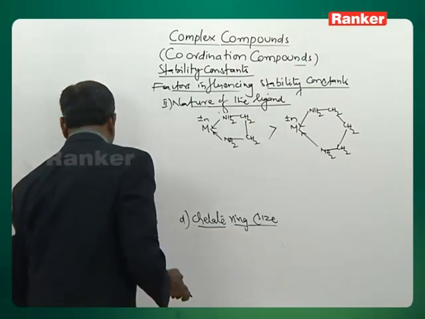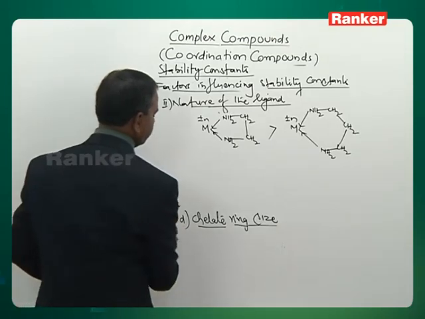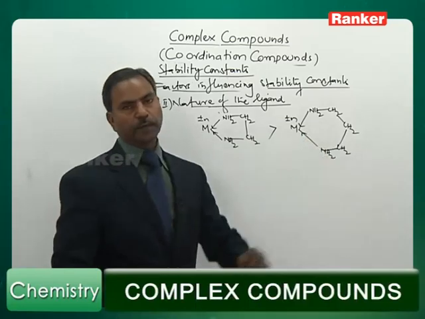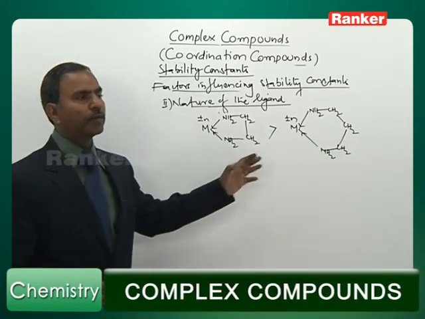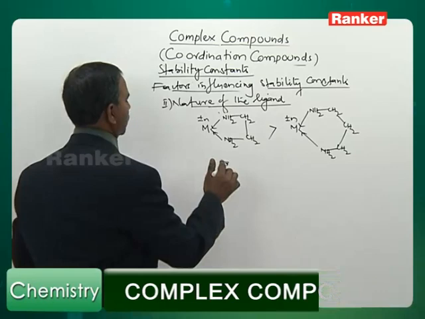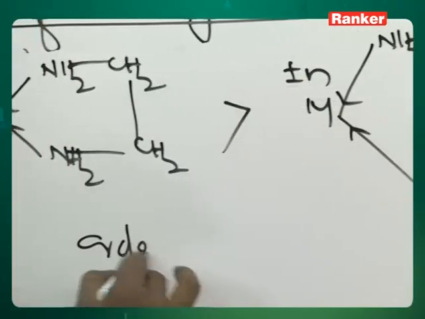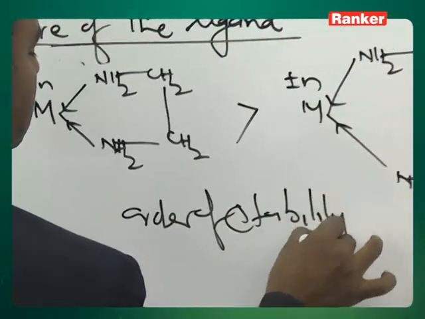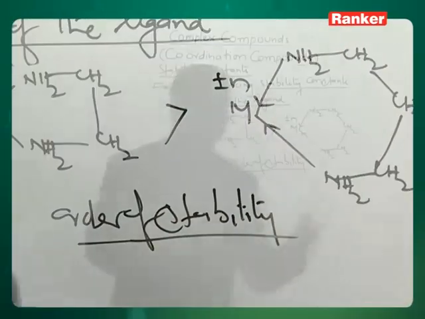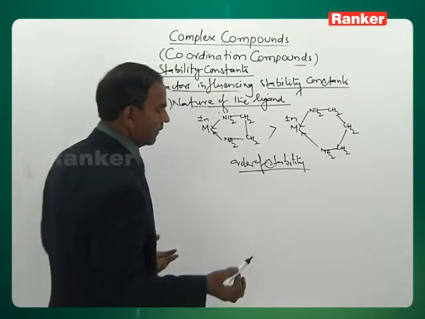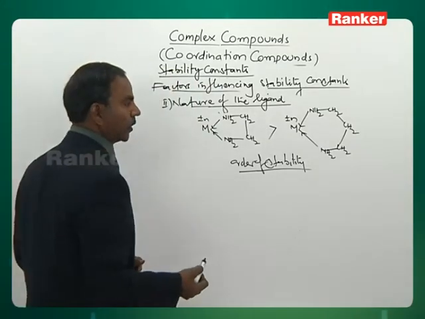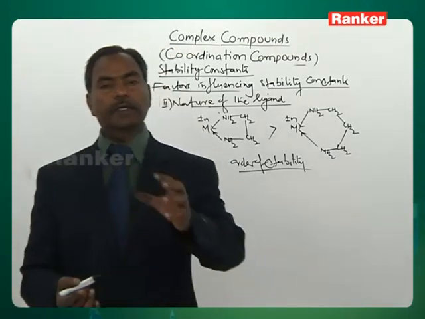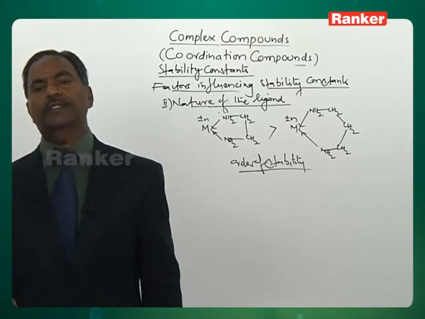Next, once you talk about chelate ring size, here 5-membered is more stable than 6-membered, provided both the rings are saturated. So this is the order of stability. Now we talk about a 6-membered chelate ring. A 6-membered chelate ring is found to be more stable, provided the 6-membered chelate ring is a resonance hybrid, unsaturated.